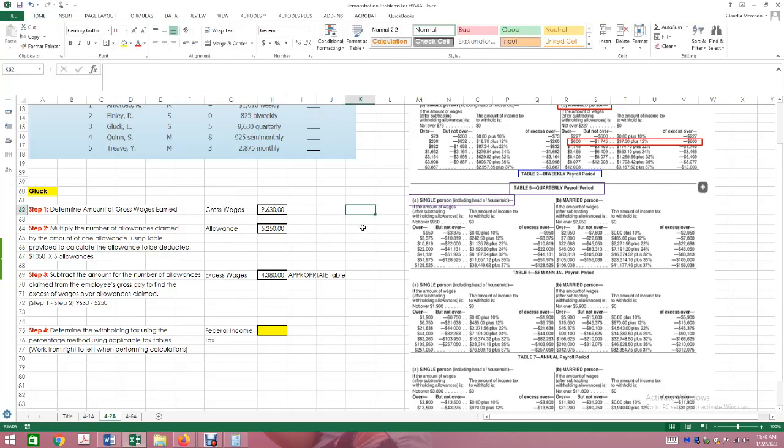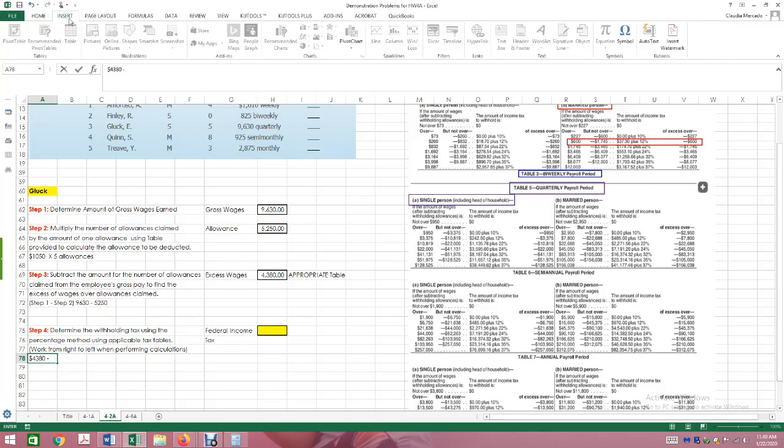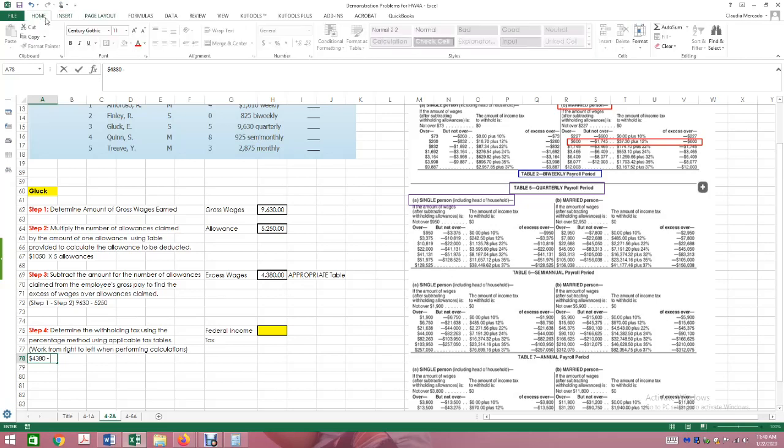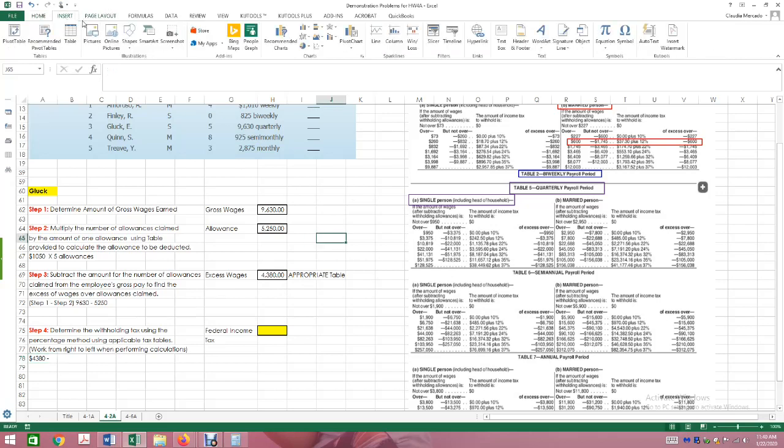So we can start our calculations for Gluck. Our starting point will always be the amount that we calculated on step number 3, which is 4380. Now, I need to locate that amount in my table. 4380 falls under the first bracket right here.